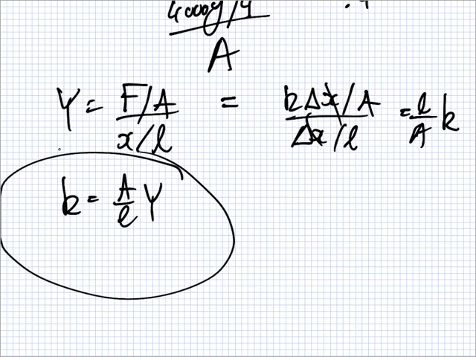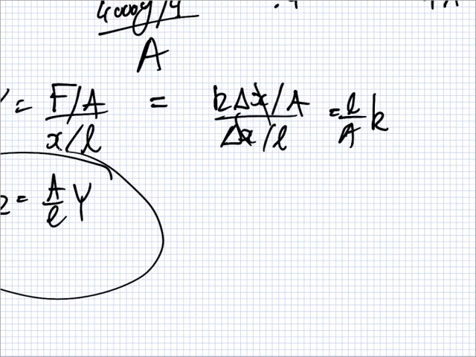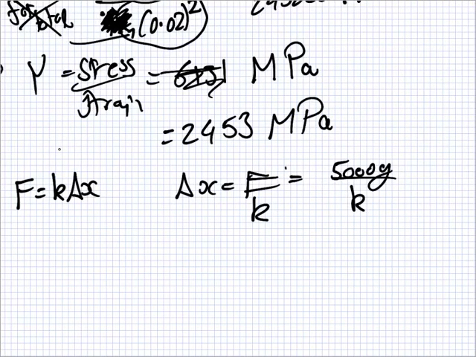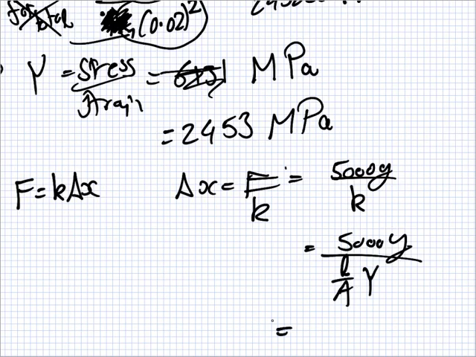Right, so this will be 5000 g over, what was my formula? A over L times Young's modulus, for k.